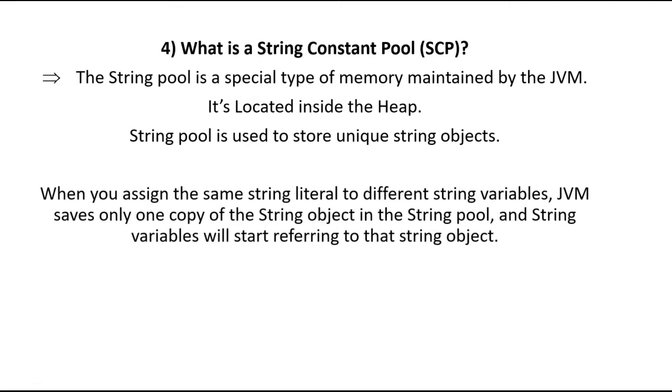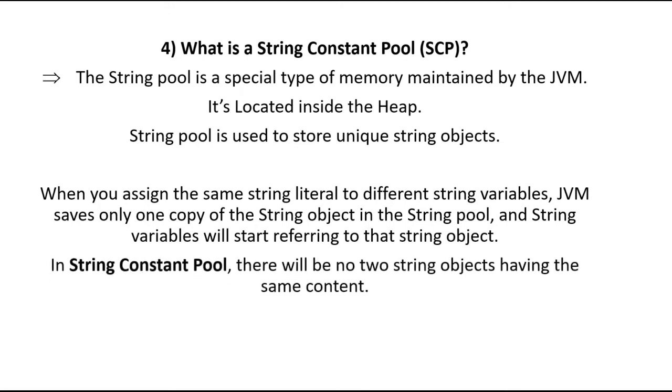Whenever you create any string object using a string literal, the JVM first checks whether that value exists in the string pool or not. If not, it will create the object. Otherwise, it will return the reference of that value. And the string constant pool does not contain duplicate values.